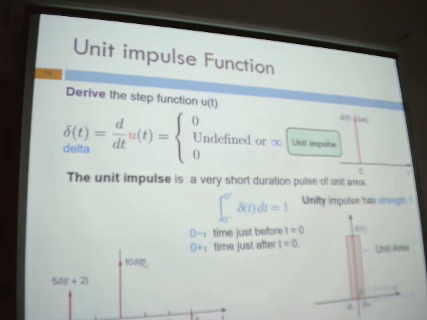Okay, so here we have 10 times delta t. Here we don't have delay, so this one is at t equals 0. Similarly, here it is minus 4. This is a delay, because our t is minus 3.